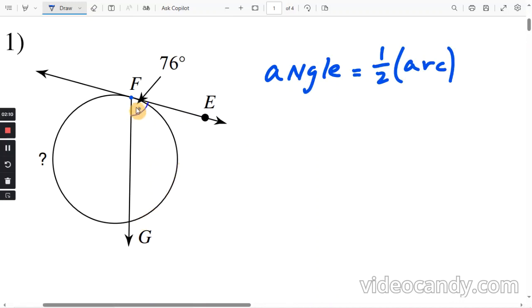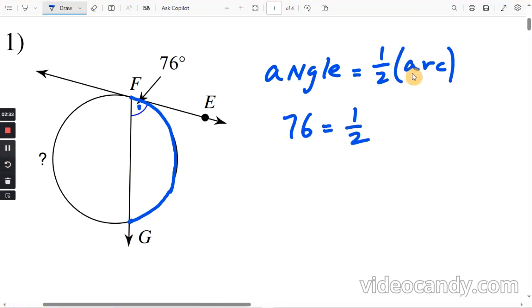The arc that this angle intercepts runs from point G to point F. That's the arc right there. So the angle is 76, and that's going to equal 1/2 of the arc.